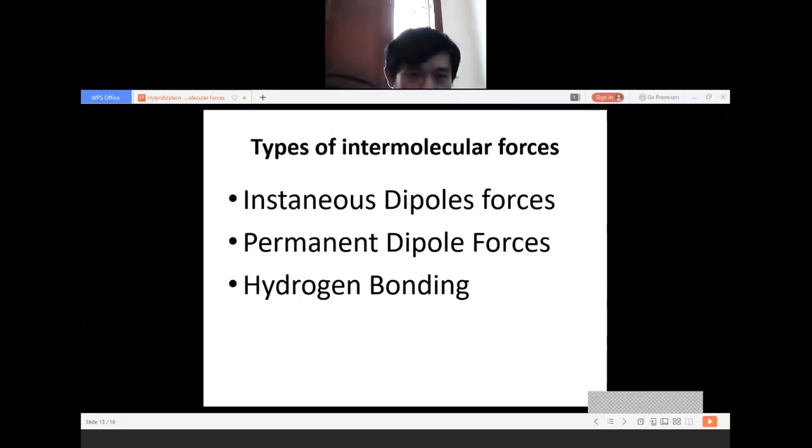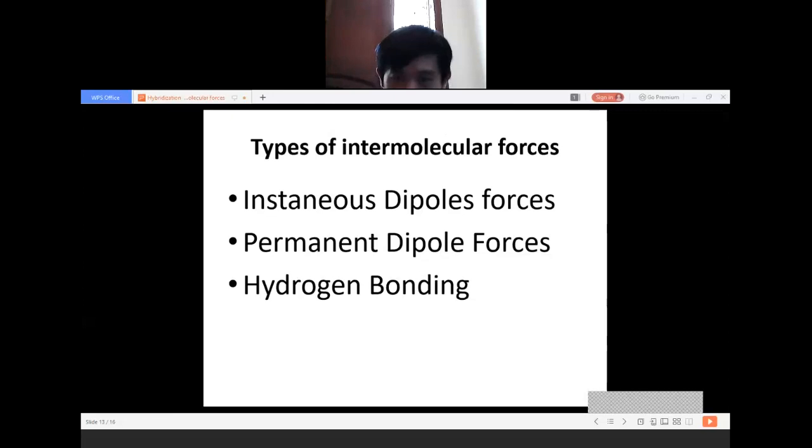Ionic bonding has a huge difference in electronegativity. Permanent dipole is weak, but they have permanent positive and negative.